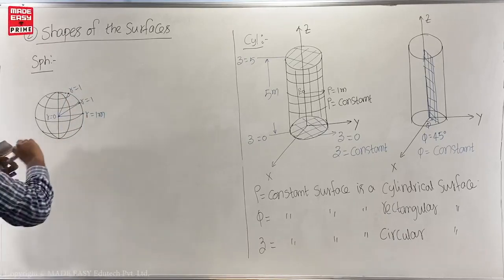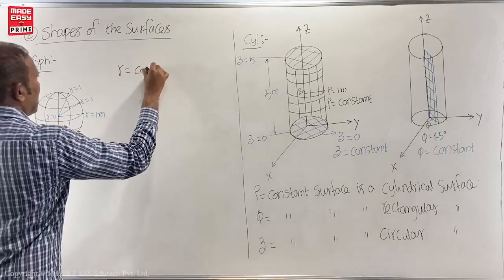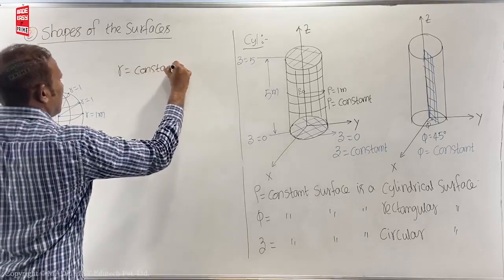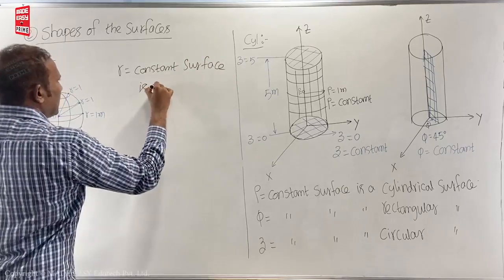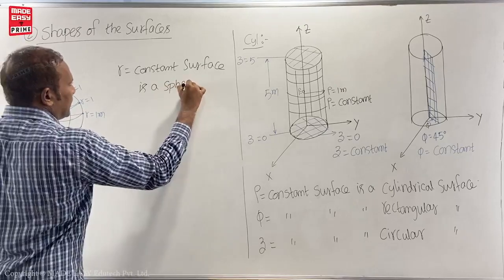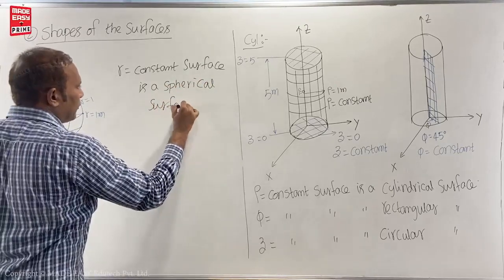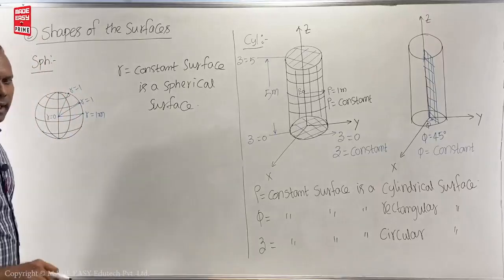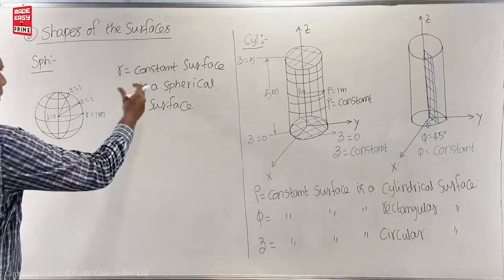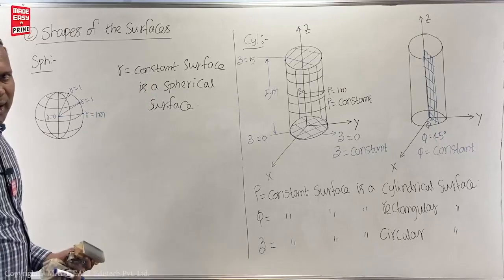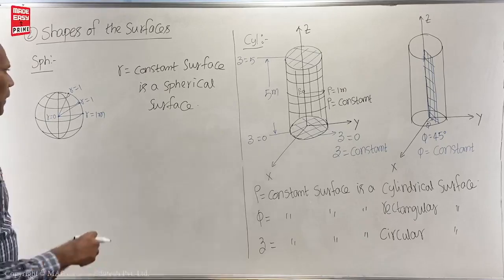So here r is equal to constant surface is a spherical surface. You have to remember all these things, students. Spherical surface, because anywhere if football surface is there, or otherwise spherical surface is there, for that spherical surface radius is constant. If you take football, from the center to the football surface, radius is also always constant.